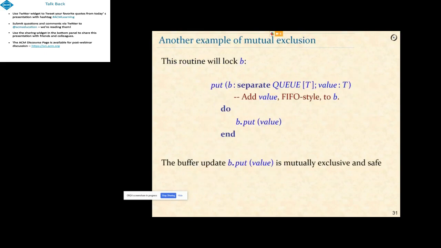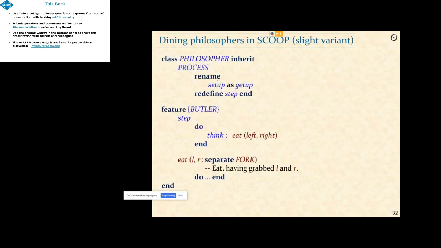So as another example of mutual exclusion, it is almost trivial to program a consumer-producer application in Scoop, because basically what you say for the producer, I want to grab the buffer. What's a buffer? It's a separate queue. And the other way around for the consumer. You can also use inheritance here.